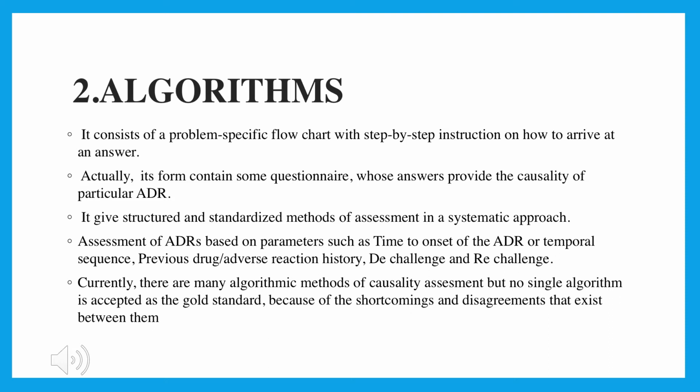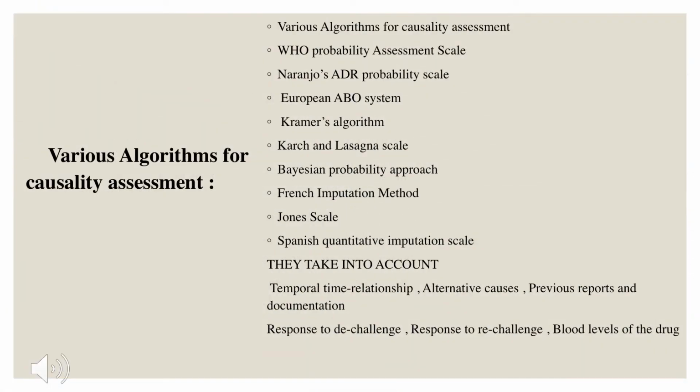In the present scenario, no single algorithm is accepted as the gold standard because of disagreements that exist between various algorithms. The other algorithms are the WHO Probability Assessment Scale, Naranjo ADR Probability Scale, which we have seen, European ABO System, Kramer's Algorithm, Karch and Lasagna Scale, Bayesian Probability Approach, French Imputation Method, John Scale, and Spanish Quantitative Imputation Scale.